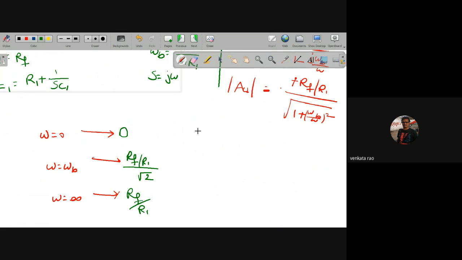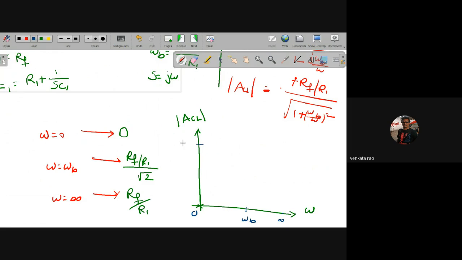So now the plot looks like this. This is closed loop gain, and this is frequency. Either you can take omega or f, it's not an issue. This is 0, this is omega B, and this is infinity.